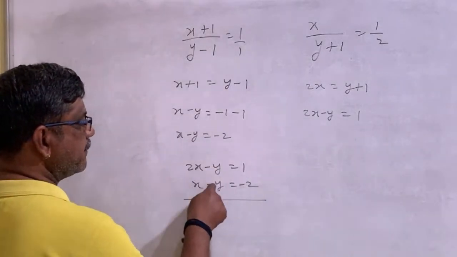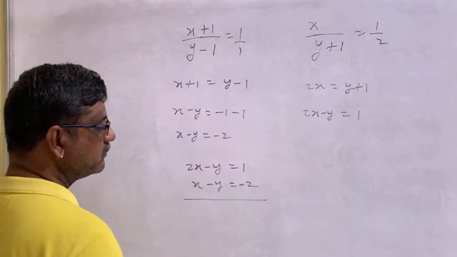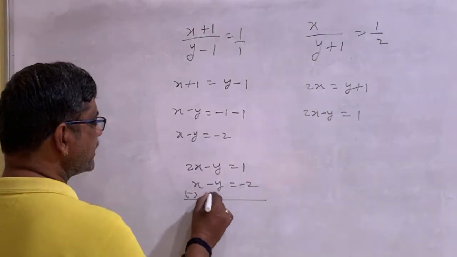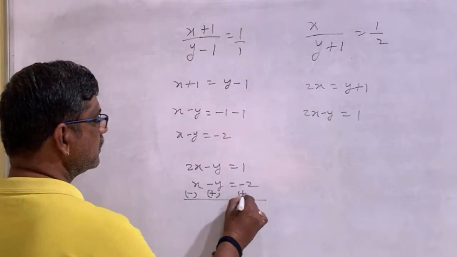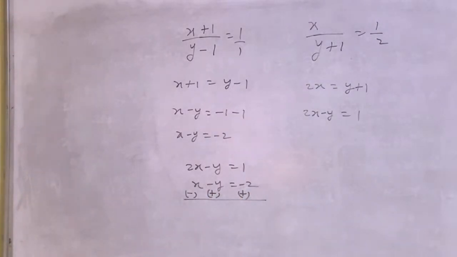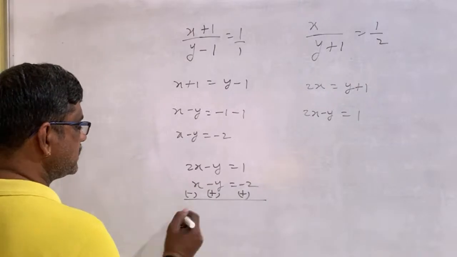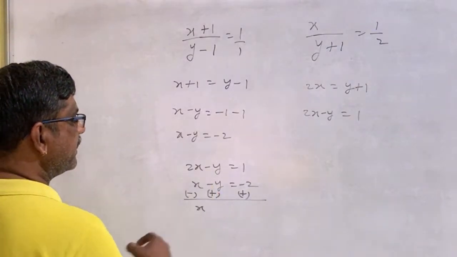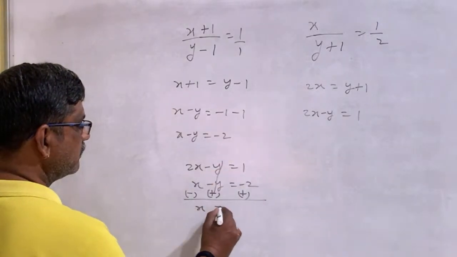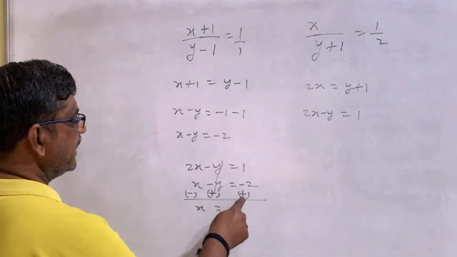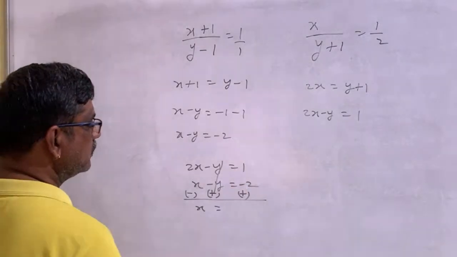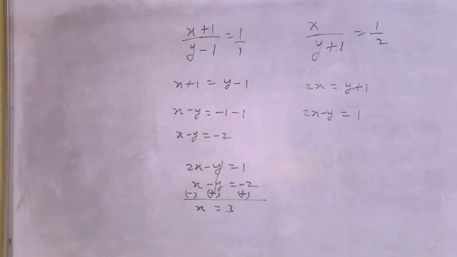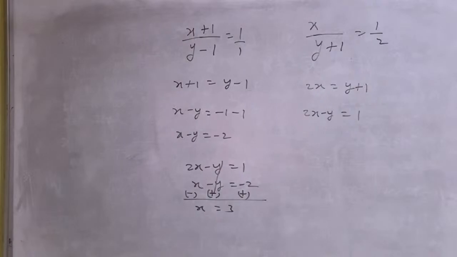Y coefficients and signs are also same, so we need to subtract the equations. 2x minus x is x. Minus y minus y cancels. Is equal to 1 minus minus 2, which is 1 plus 2, 3. x is 3. Is that right, children?